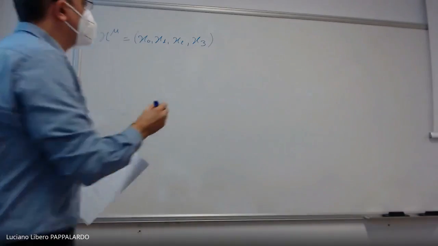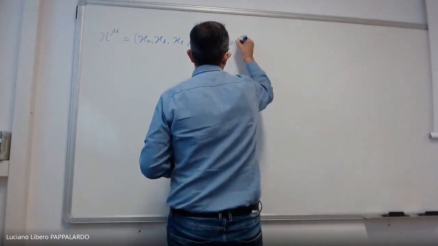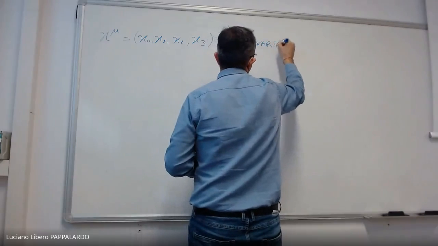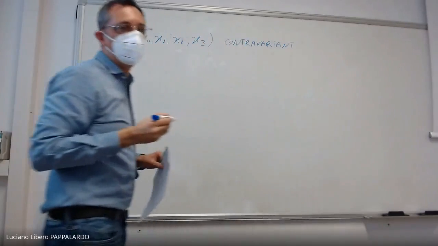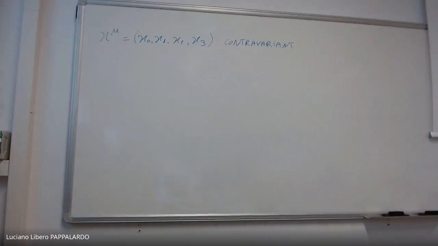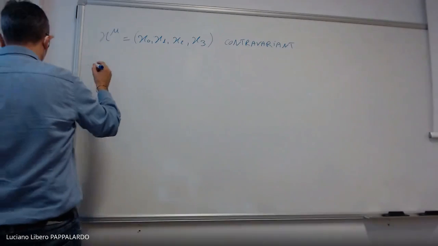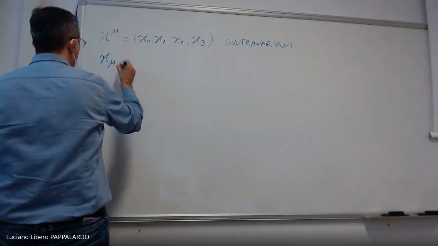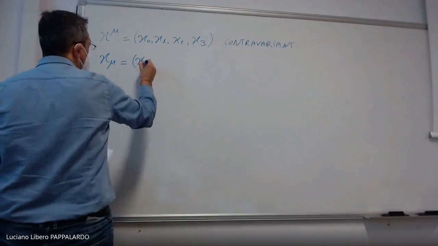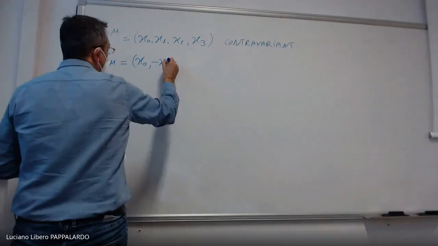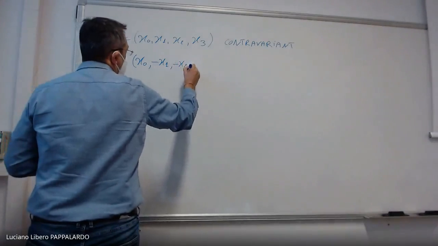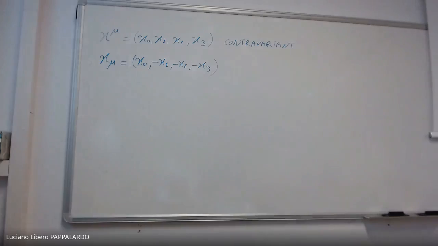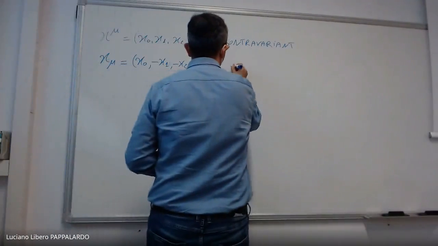And these are called the contravariant vectors. But there is another type, which is the one denoted with the index on the bottom, where now the spatial components come with an opposite sign. So it's x0, minus x1, minus x2, minus x3. And these are called the covariant vectors.